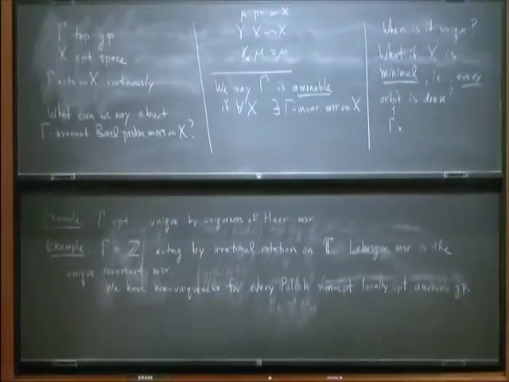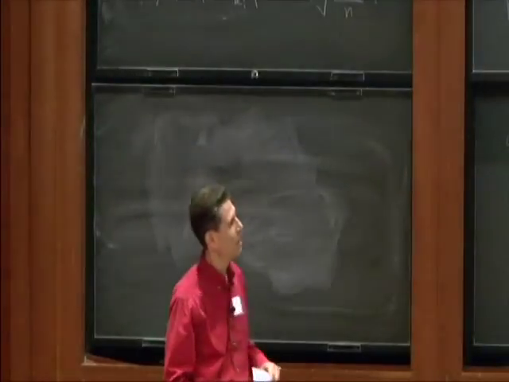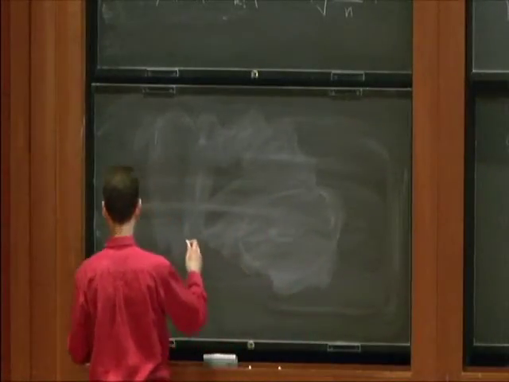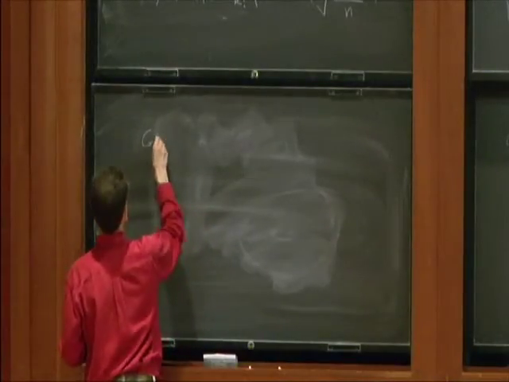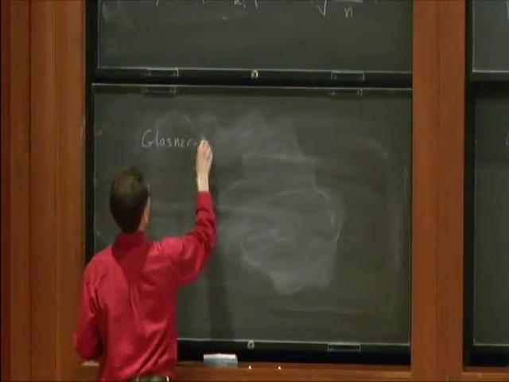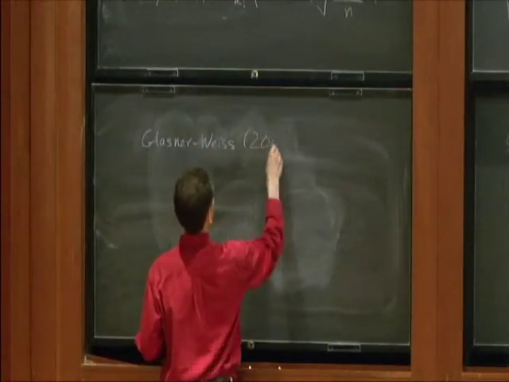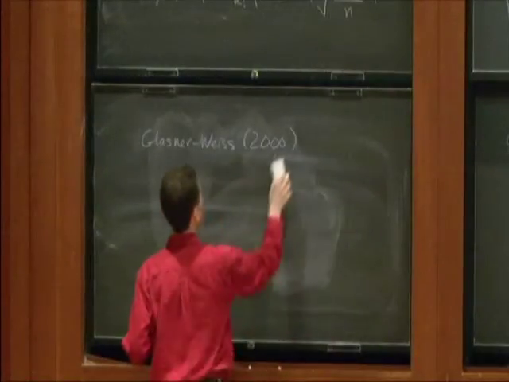The interesting thing, though, is that there are many situations where you can still calculate M of gamma, with non-discrete, non-locally compact groups. And the first in this context was due to Glasner and Weiss in 2002.